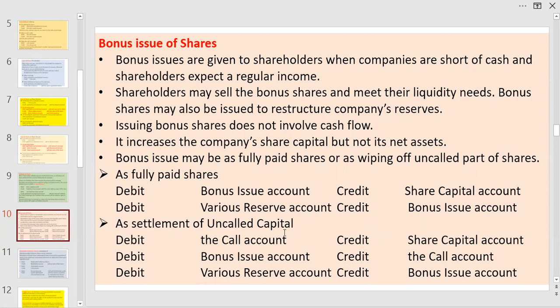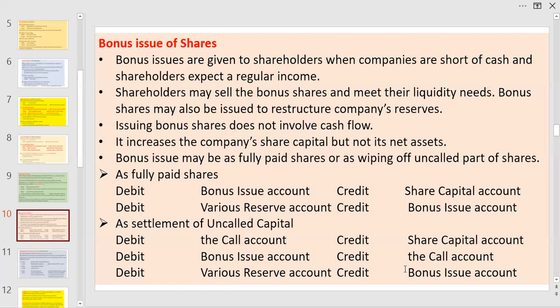If it is given as a settlement of uncalled capital, debit call account, credit share capital account, debit bonus issue account, credit the call account with the uncalled capital amounts, debit various reserve accounts, credit bonus issue accounts.